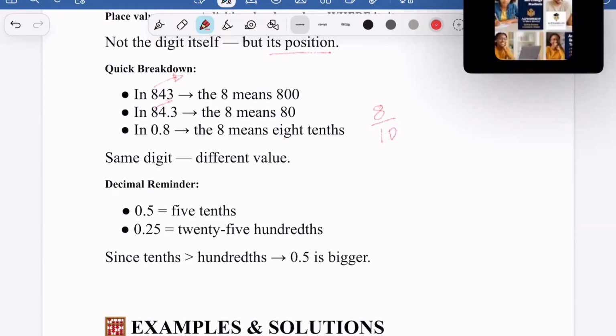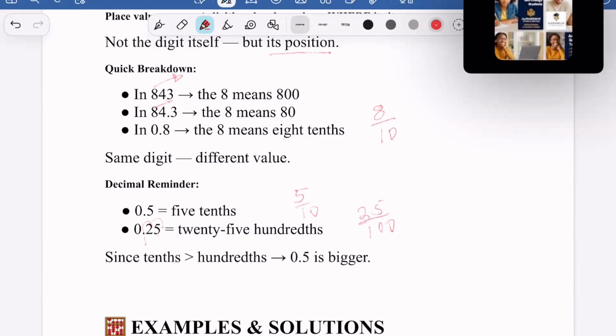Decimal reminder: 0.5 actually means 5 over 10, and 0.25 means 25 over 100. That's just a reminder. If I need to make this a fraction, I need to consider the number of places I shift the decimal: 1, 2.